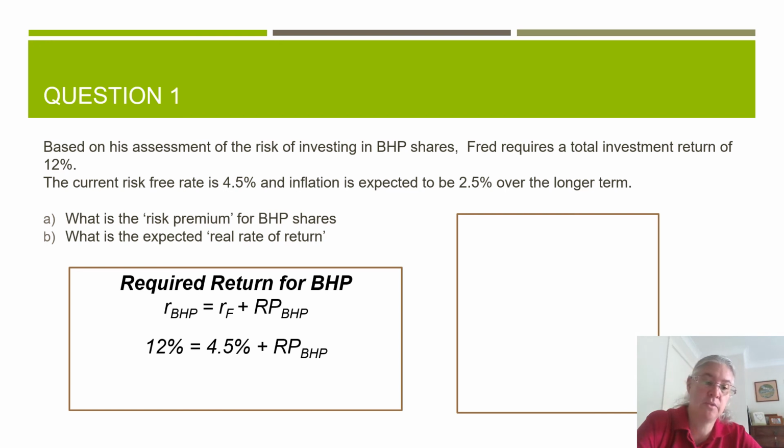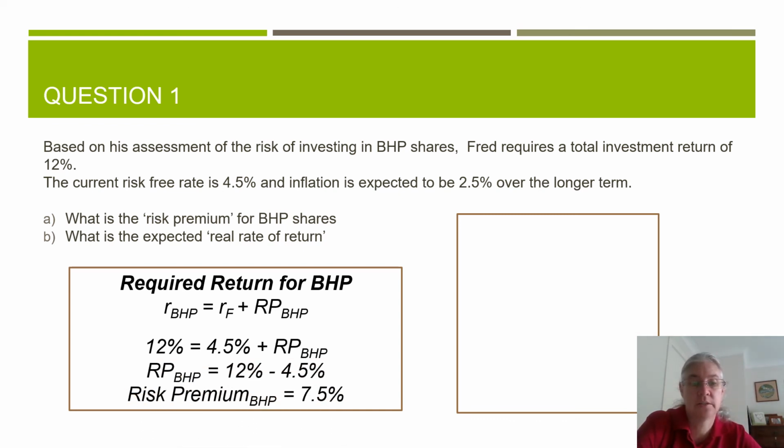So his investment return for BHP is 12%. The current risk-free rate is 4.5%. So from that, we can then work out what is the risk premium that he's putting on the BHP shares. So that's 7.5%. You work that out by taking the 12% minus the 4.5%.